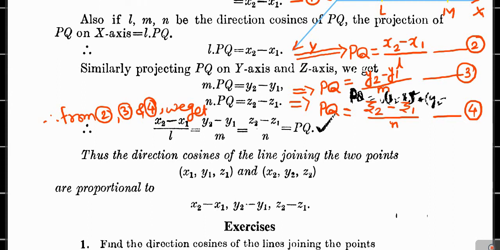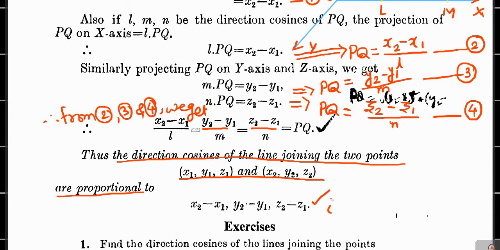Here it is a division symbol at both places. So from this we conclude that the direction cosines of the line joining the given two points (x1, y1, z1) and (x2, y2, z2) are proportional to x2 minus x1, y2 minus y1, z2 minus z1.